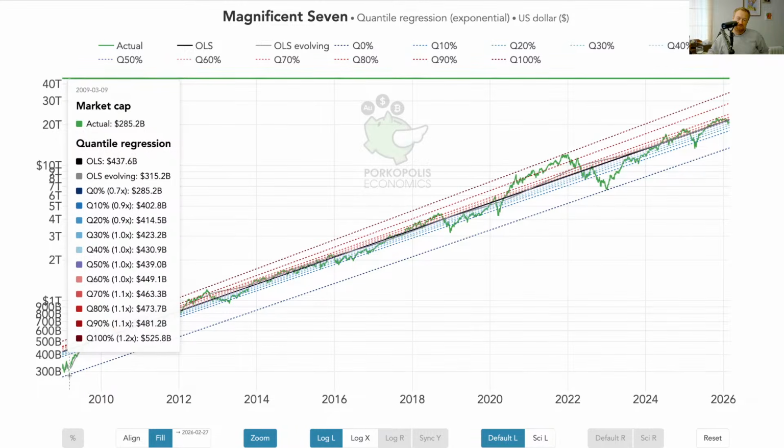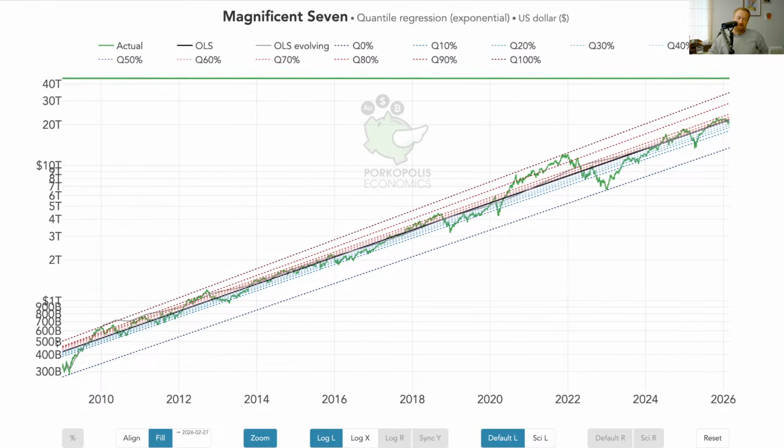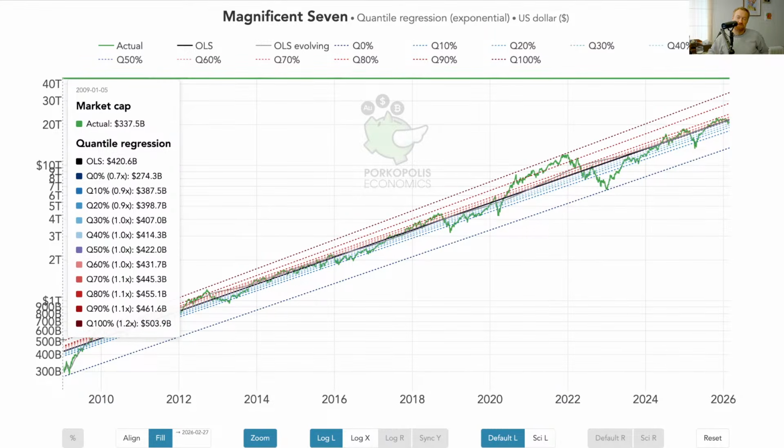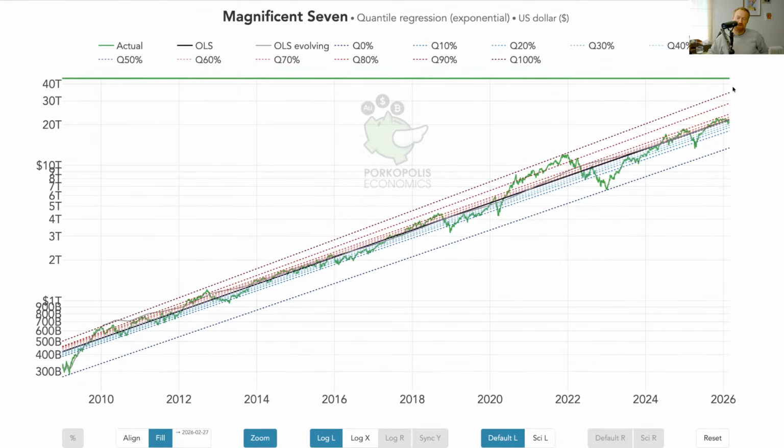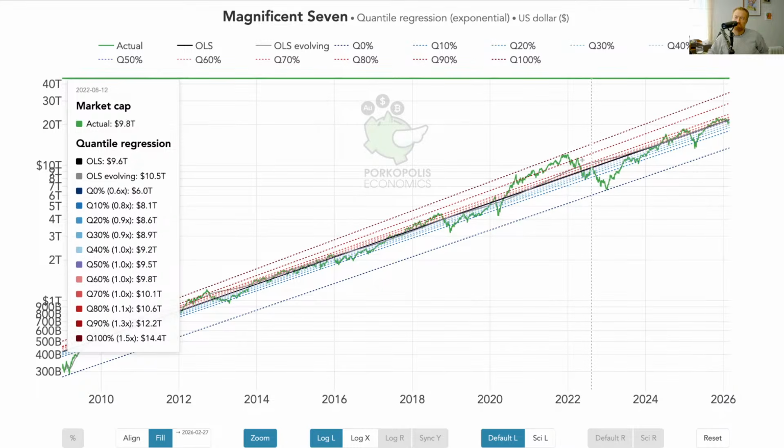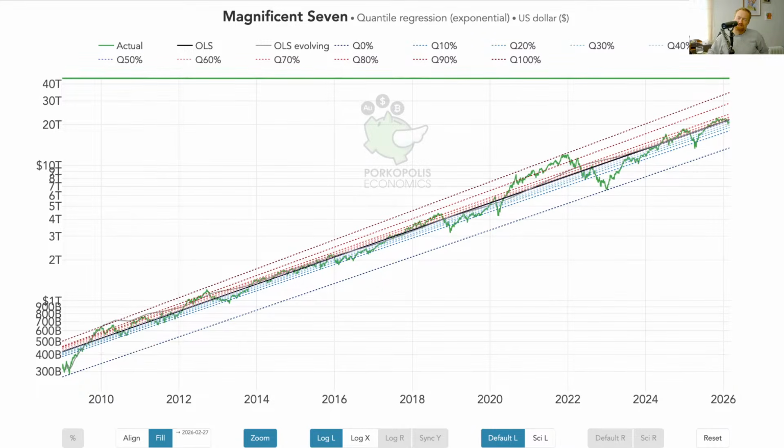What's the multiple here on the 0th? 0.7x, only a 30% discount. In log space it does get a little bit the same, but this one's going to be wider. Let's look at the 100th percentile. 1.2x. What is it today? 1.5. In the future, 1.6. So that's the statistical difference between what Bitcoin is doing and what stocks are doing.